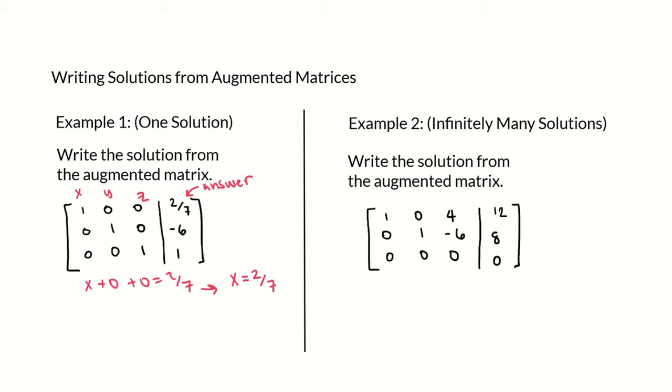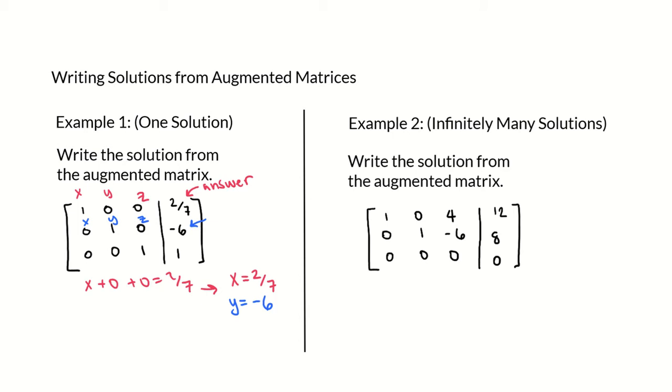So when there are zeros elsewhere in the row for the other variables, that means that we have that single variable solved for. The second row, x is 0, y has coefficient 1, z has coefficient 0, means that that second row tells us that y is equal to -6.